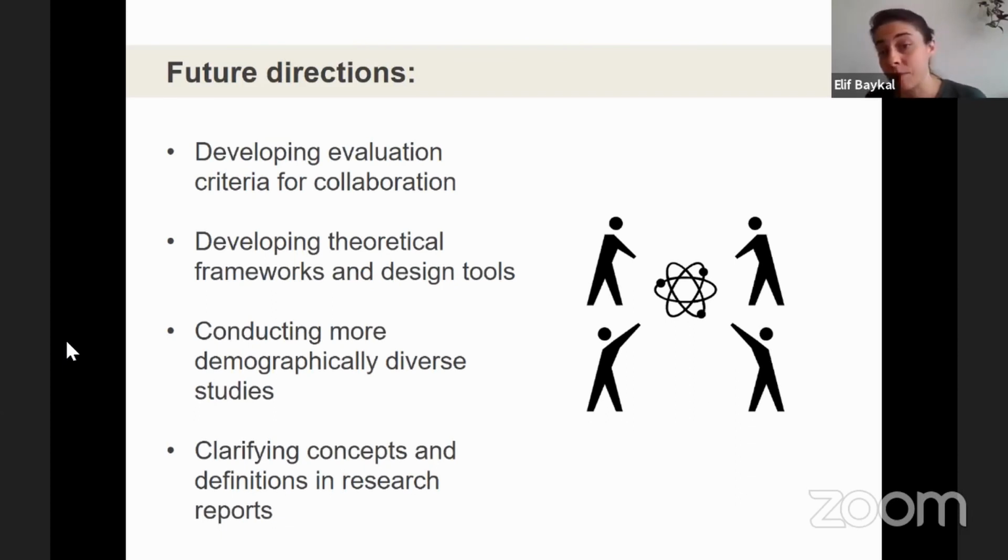And we definitely need more demographically diverse studies to bring a more universal understanding of collaboration as a term, or special education as the context or the target group, and clarifying concepts and definitions in research reports to avoid confusion with other related terms such as group work, cooperation, or social skills, and explore those nuances with collaboration.